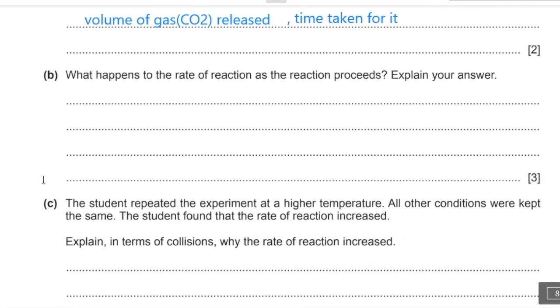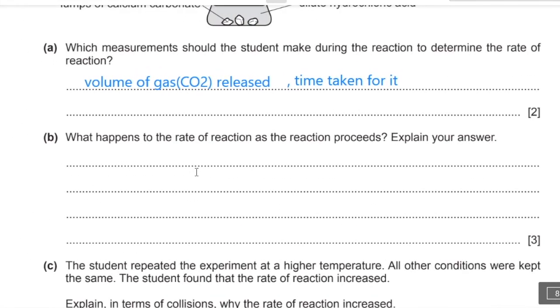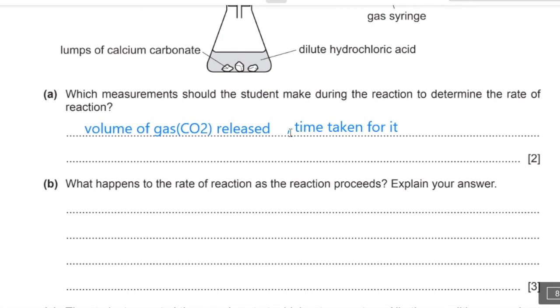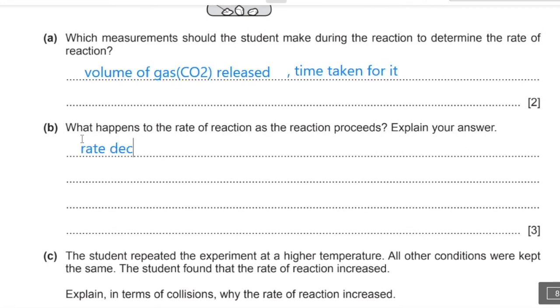B. What happens to the rate of reaction as the reaction proceeds? Explain your answer. Alright, so as the reaction proceeds, dilute hydrochloric acid, which is the limiting reagent, would decrease in concentration, which would in turn affect the rate of reaction. So the rate decreases.